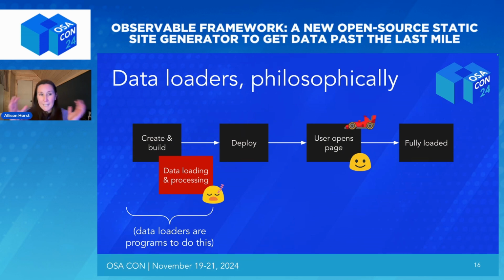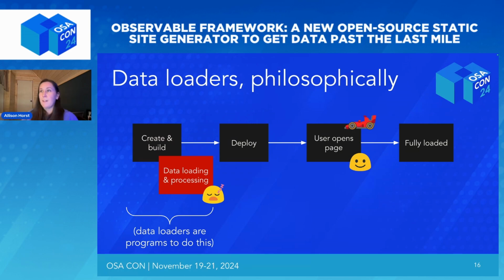What data loaders are responsible for is pushing that slow, computationally expensive data processing earlier in the pipeline, so that you are generating data snapshots at build time, meaning that your users don't have to experience the slowness of that processing when they click on the app. So with data loaders, we don't eliminate slow data processes.